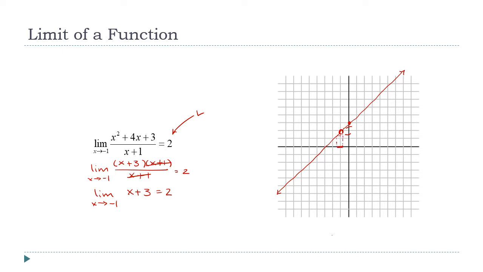Every number in this x interval is being mapped into this y interval. So let me be more precise. Every number in that x interval around -1 is being mapped into a corresponding interval around y equals 2. And that's what I needed to happen, right? That's why this limit is, in fact, equal to 2.